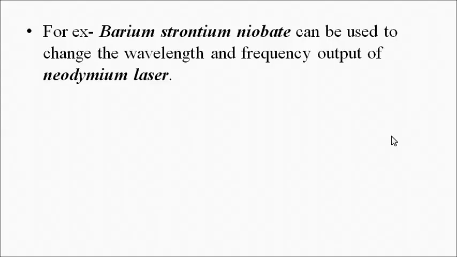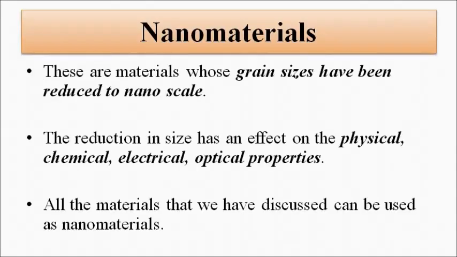This is particularly used to change the wavelength and frequency of the output of a neodymium laser. So this is an example of a non-linear material which is put into use for changing the wavelength or frequency of an optical radiation.